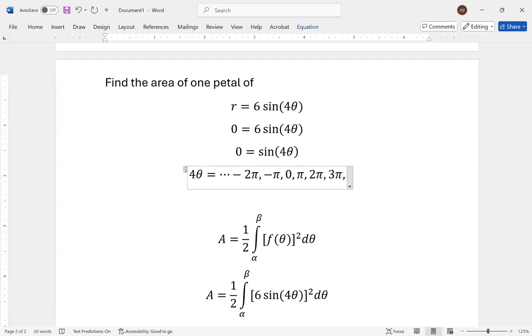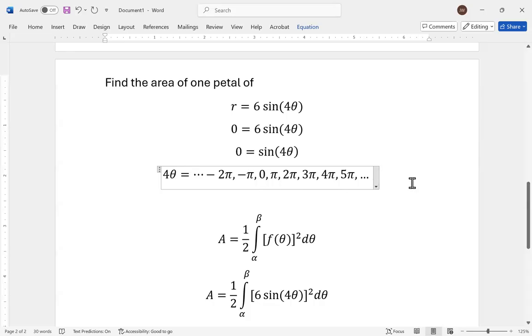You get the point. Lots and lots of different places where my angle is going to be 0. So that's where sine is 0, when my angle is an integer times pi.